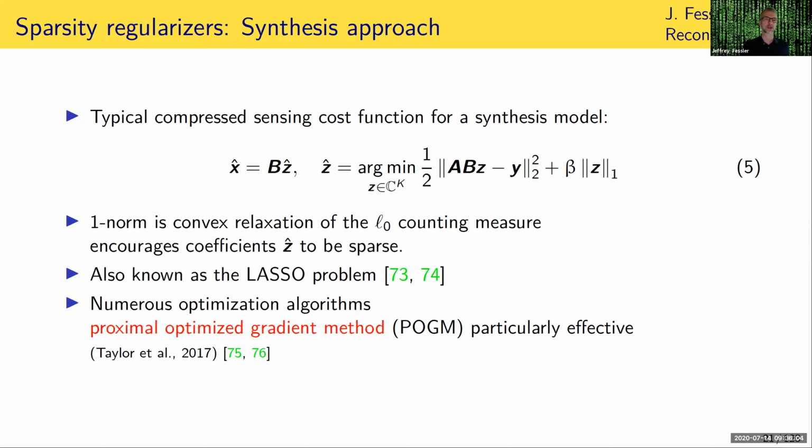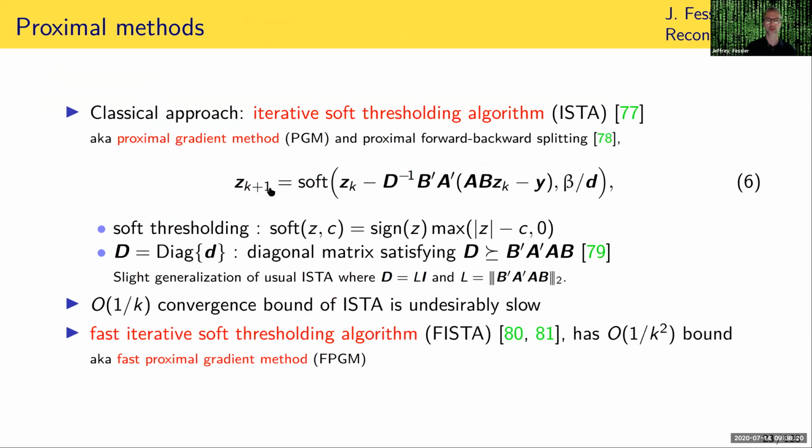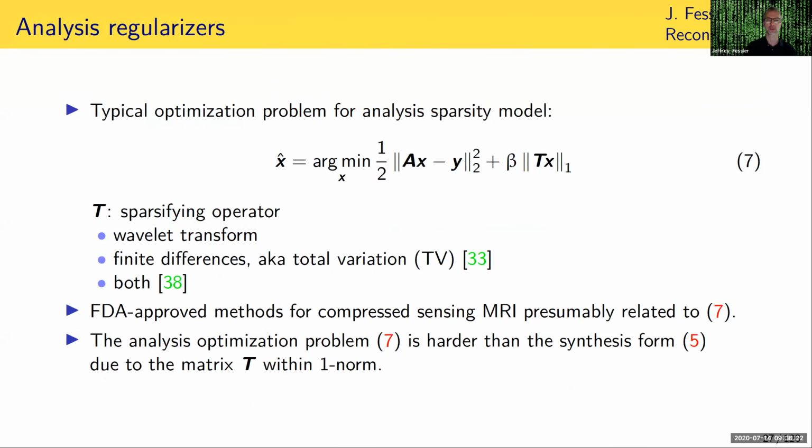This is not an approximation, this is an equality. I'm going to synthesize my image using my dictionary. And it's an open question whether we really know the right models to use in imaging. So that's a potential drawback of that formulation.